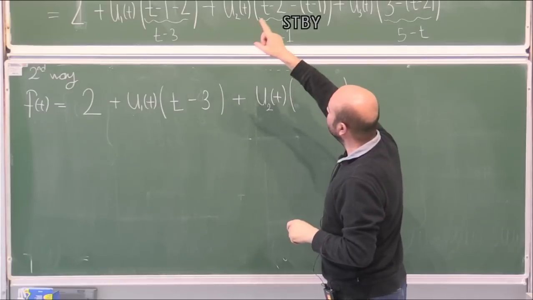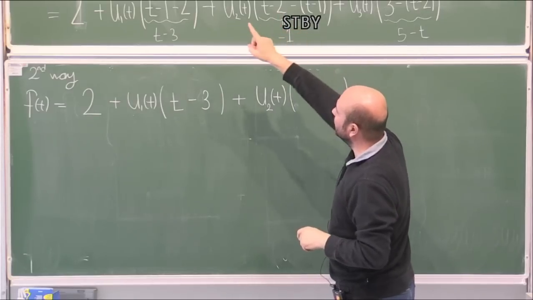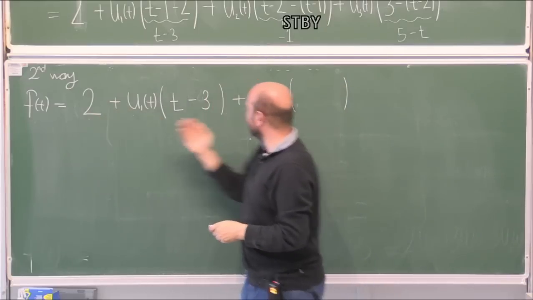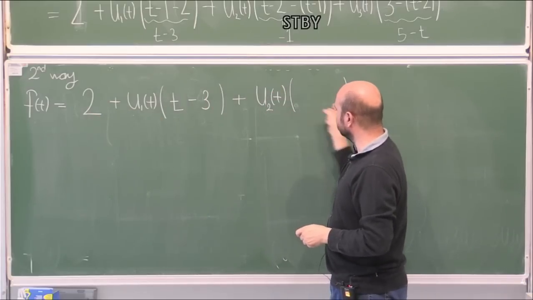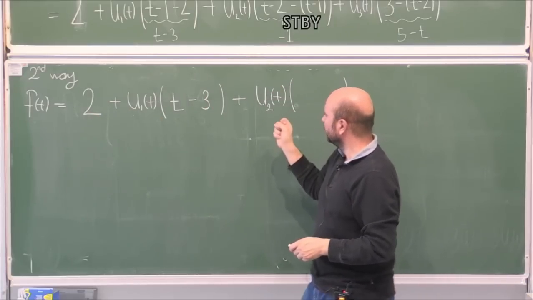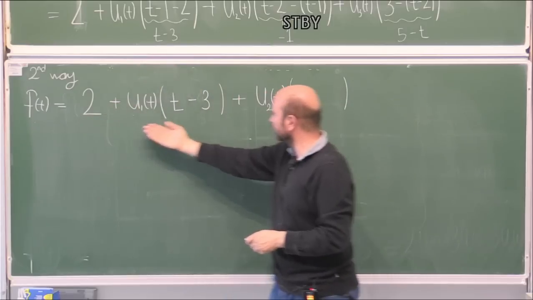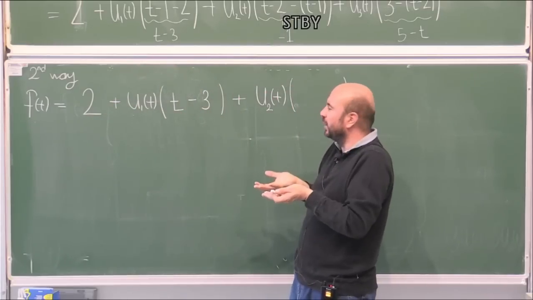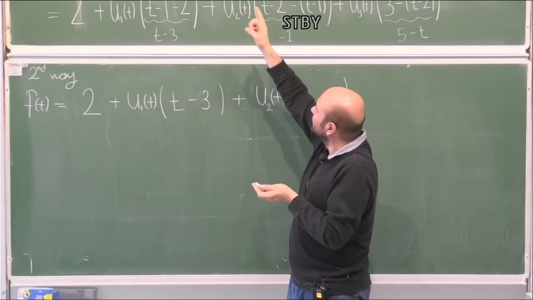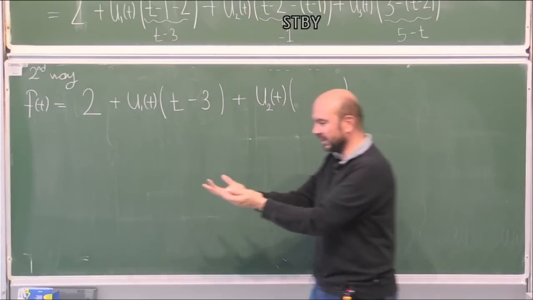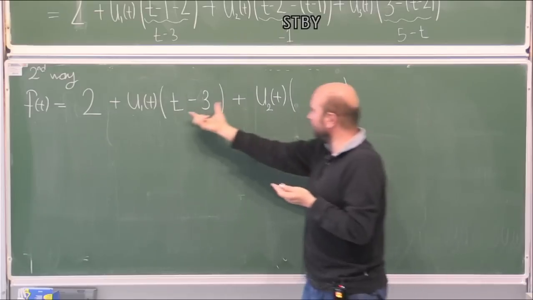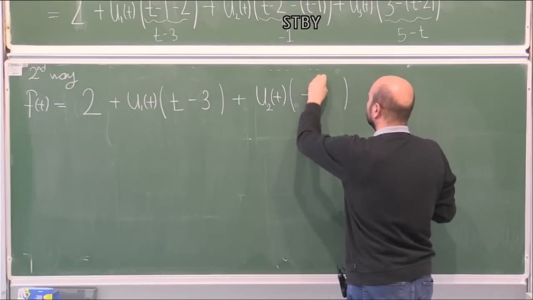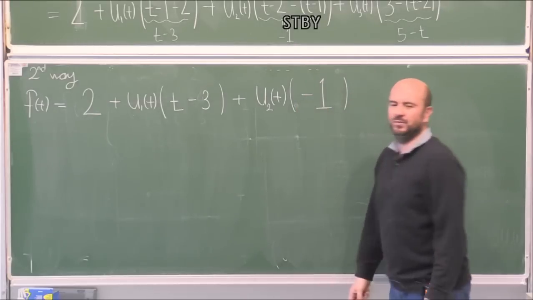So between 2 and 3, it is t minus 2. But now, if you look at this part, after 2, 2 is coming. After 2, t minus 3 is coming. So it's now t minus 1. But I want to make it now t minus 2. So it came, my signal came as t minus 1. Because if you add these things, it is t minus 1. Now I want to make it t minus 2. So I have to subtract 1 from this.